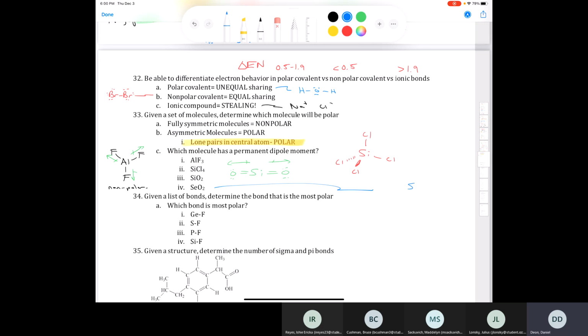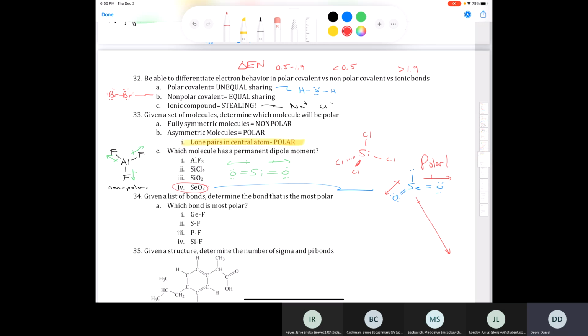You're going to see that you have a lone pair on the selenium. What does that mean? It means that the selenium is surrounded by 3 regions of electron density, and it's actually going to have a bent shape. So now I've got a dipole going this way and a dipole going that way, and the net dipole is going to be going in this direction. And so this is a polar molecule, and so the answer is selenium dioxide.